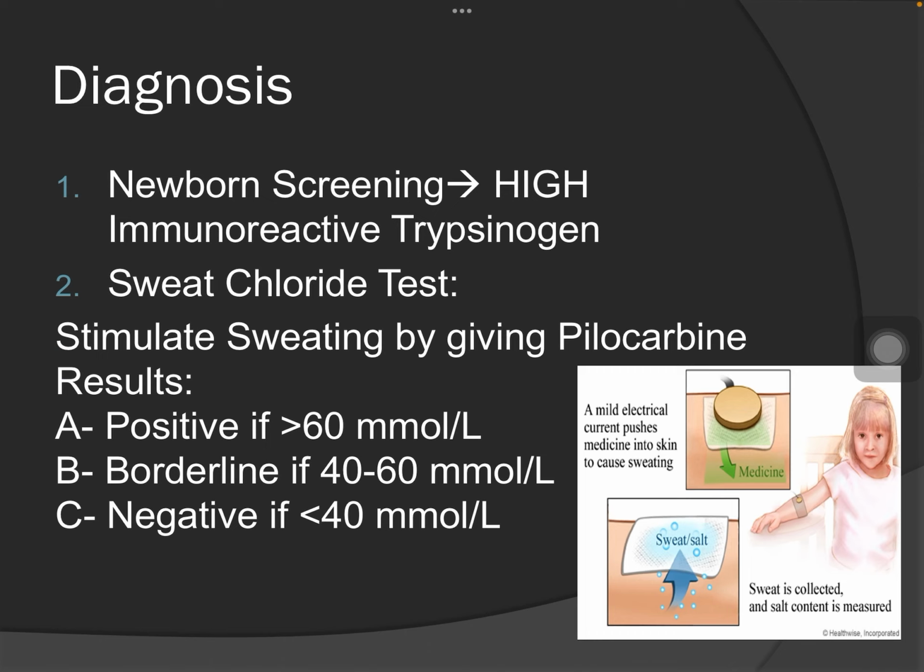Now, the results: when we measure the salt content after sweat is collected, it will be positive if it is more than 60 millimoles per liter. It will be borderline if it's between 40 to 60 millimoles per liter, and it will be negative if it's less than 40 millimoles per liter.